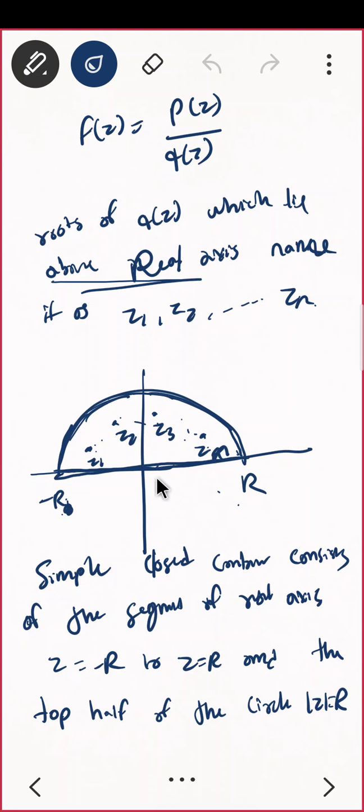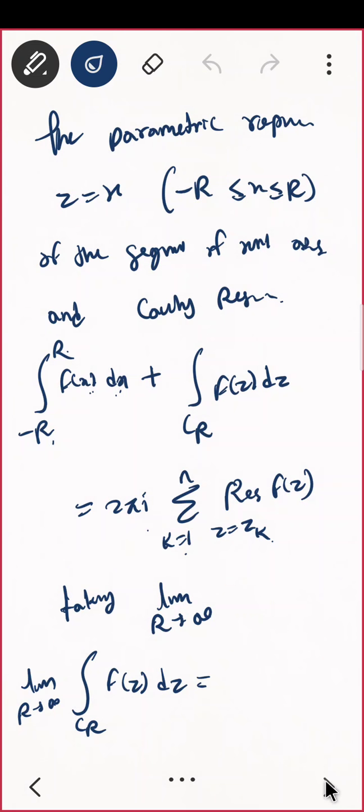If I'm increasing my r, then what will happen? This will be actually extended. So what will be this limit, the integral over Cr of f of z dz? If you're going to r infinity, then it will be an analytic function.